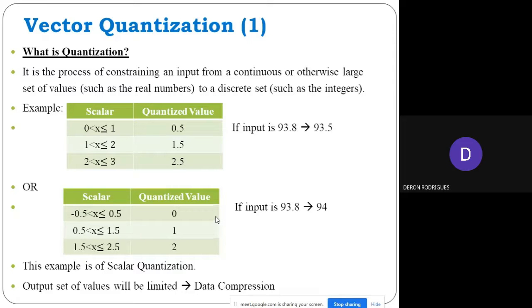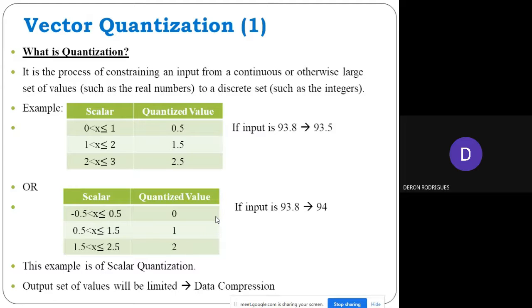Now so far we have seen scalar quantization. In neural networks, we will not be working with scalars mostly, but with vectors. In a pattern space, we mostly consider a two-dimensional pattern space, wherein the vectors have x1 and x2, two variables.